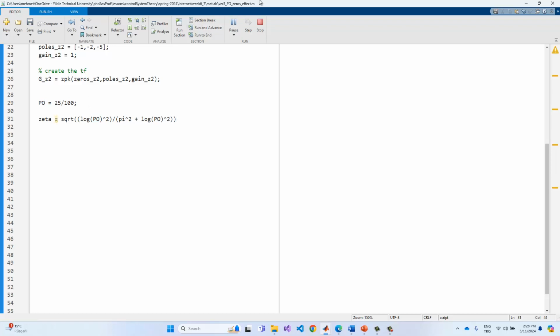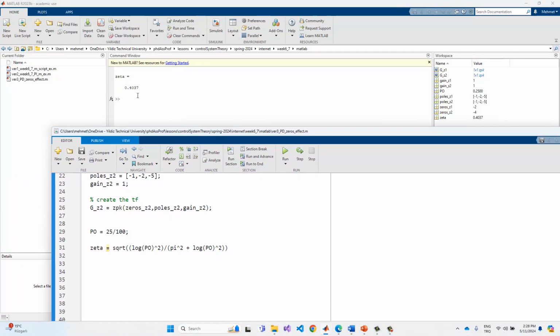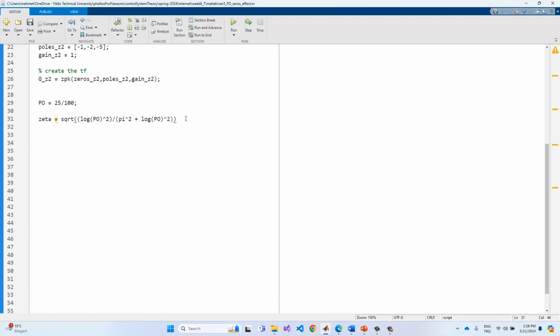And after that we should run this code. Then the zeta is what? The 0.40. Okay, so how can we analyze the root locus in here?